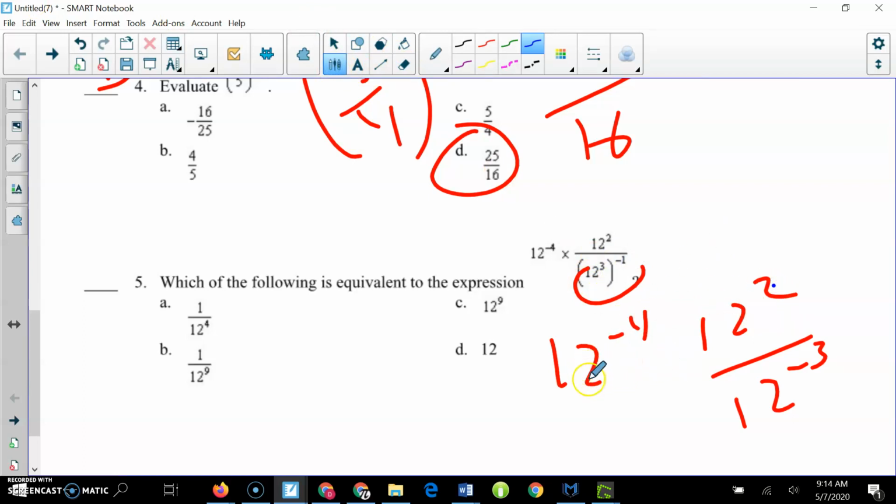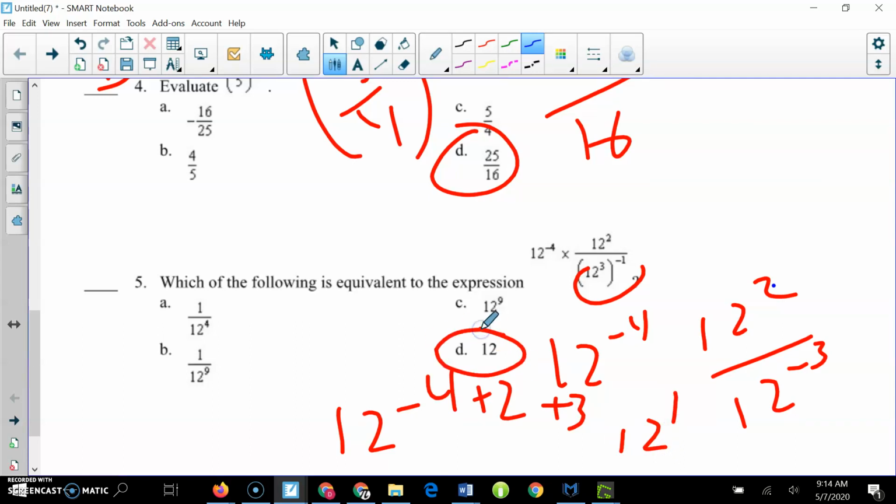So here we have 12 minus 4 plus 2 minus 3, which is 12 minus 4 plus 5 is 1. That guy right there. Okay, let's think about that again.